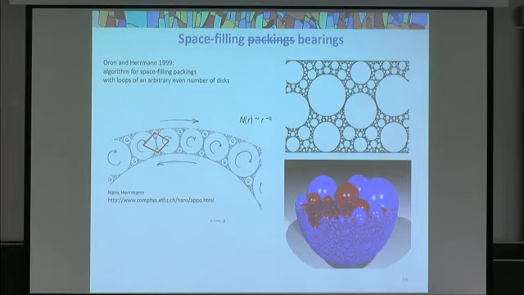And there are lots of papers on that, but mostly by Hans Herrmann and his group from the 1990s and from the last couple of years as well. They developed a lot of very fancy algorithms that allow for constructing space filling bearings with arbitrary loop sizes in 2 dimensions and in 3 dimensions.